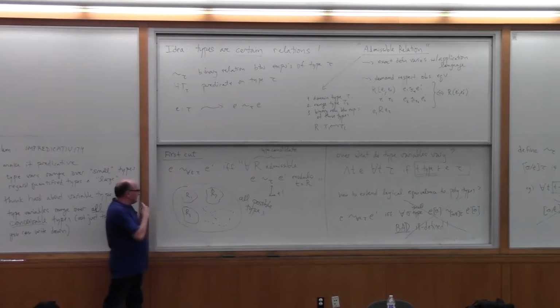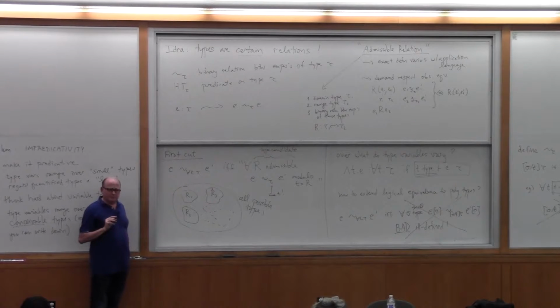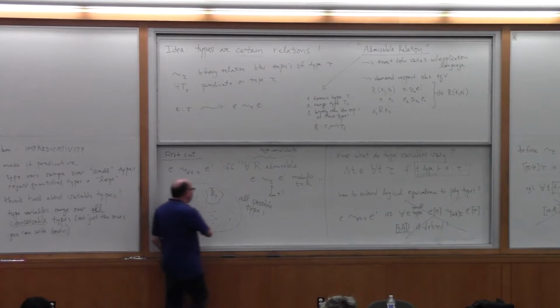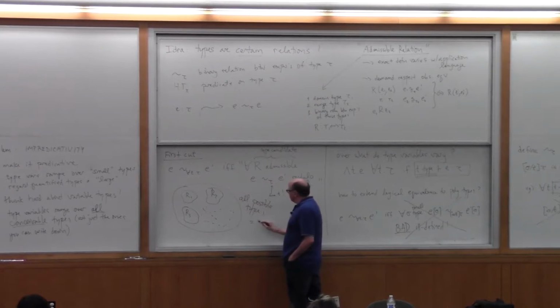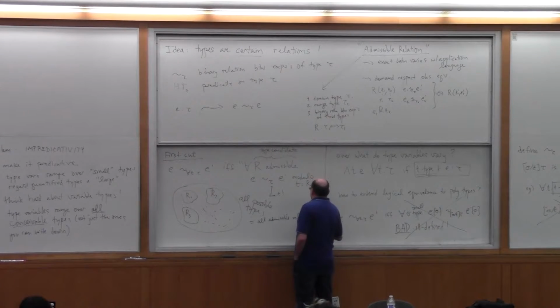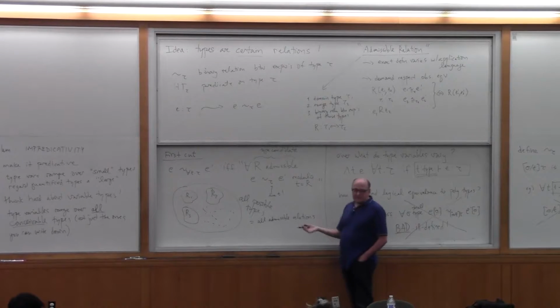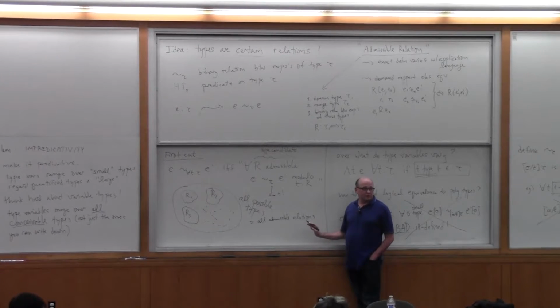It's hard to draw because there's uncountably many, okay? Because what we're doing is we're taking the power set of a countable set. So we're doing 2 to the countable set. So there's uncountably many here. So we can think of this as all possible types equals all admissible relations, which is essentially all subsets, almost all subsets of a product of terms, that is pairs of terms, okay?